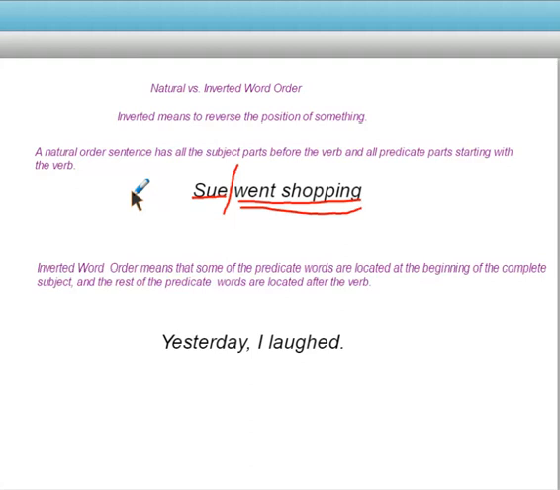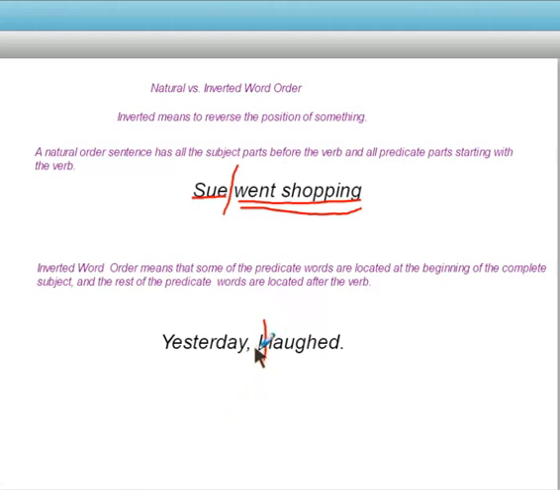So let's look. Inverted word order means that some of the predicate words are located at the beginning of the complete subject, and the rest of the predicate words are located after the verb. So let's look. If I was going to do my slash, where's my verb? Well, laughed is my verb, so my slash goes in between I and laughed. Okay, where's my subject?